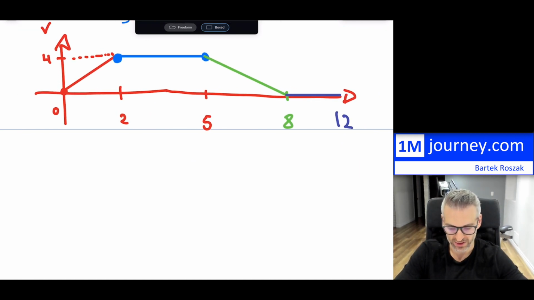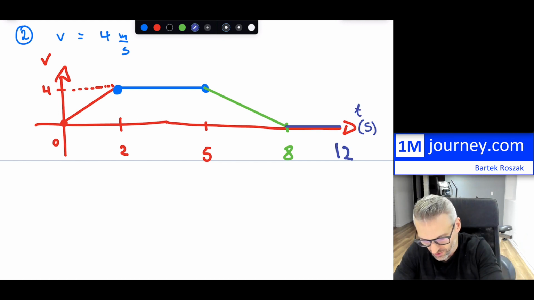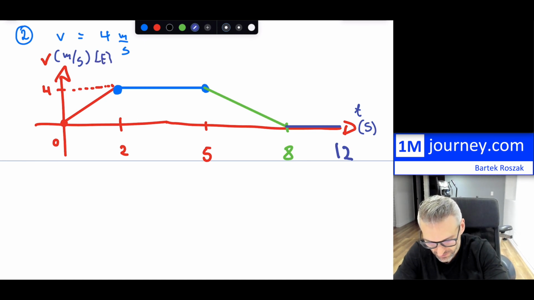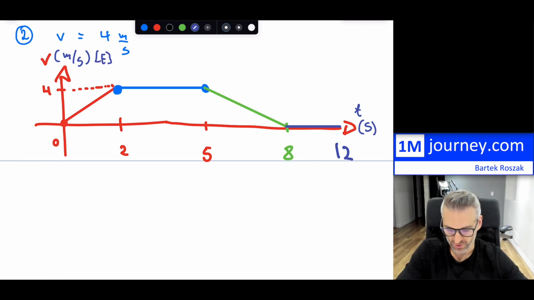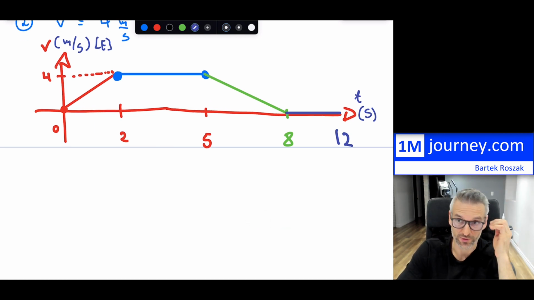But this is what the sketch would be. The only thing that might be missing, that your teachers might want, is labels: this is time in seconds, this is your velocity in meters per second, and this is on the east side. So you're moving in the east direction as you're going through.